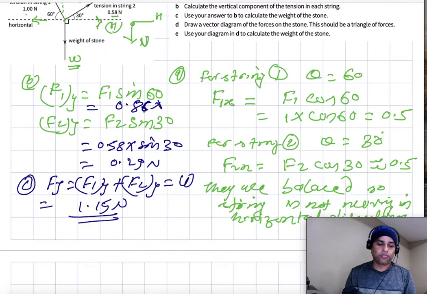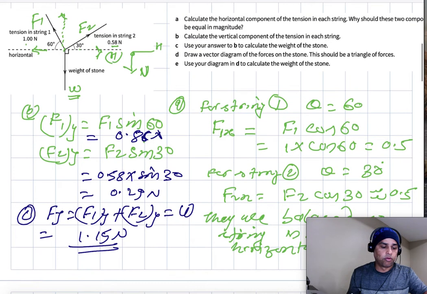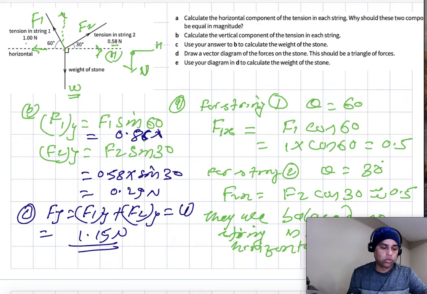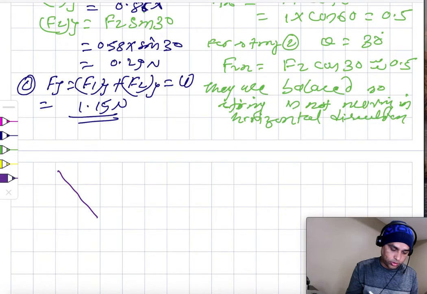In D, draw a vector diagram of the forces on the stone. Yes, and this would be a triangle of forces. Okay, let's try. We have forces F1, F2, and the weight. Let's draw string F1, which is acting in this direction, and another is F2, and the angle between F1 and F2 is 90 here.